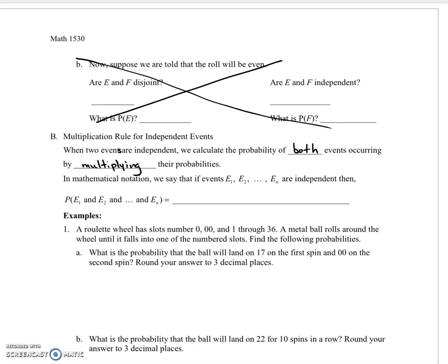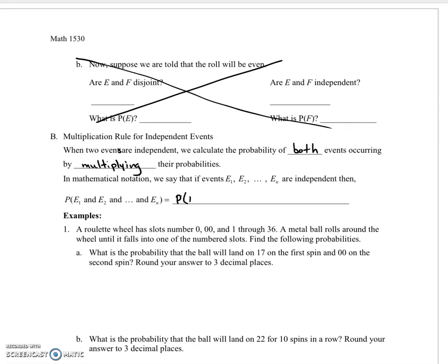So in mathematical notation, we say that if events E1, E2, all the way up to as many of them as we want to make, are independent, then the probability that E1 happens and E2 happens and all the way up to as many as we want, we just multiply all of their probabilities together.